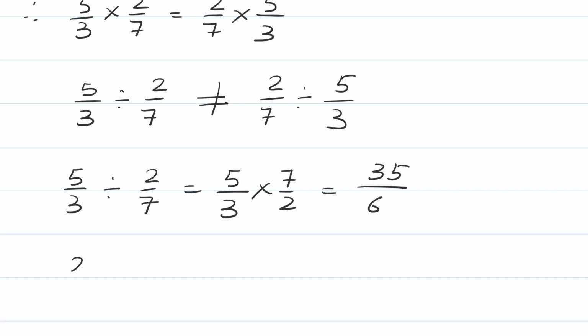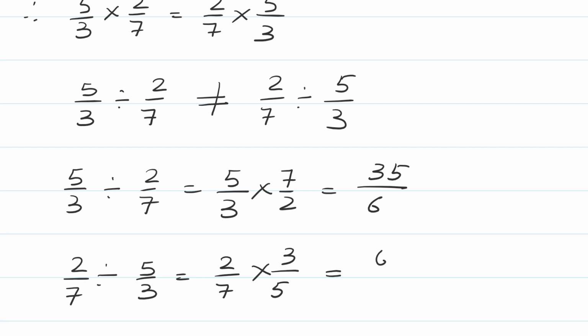And 2 by 7 divided by 5 by 3 is 2 by 7 into 3 by 5. To divide is to multiply by reciprocal of the divisor. So two quantities are not equal. One quantity is greater than one, other quantity is less than one.